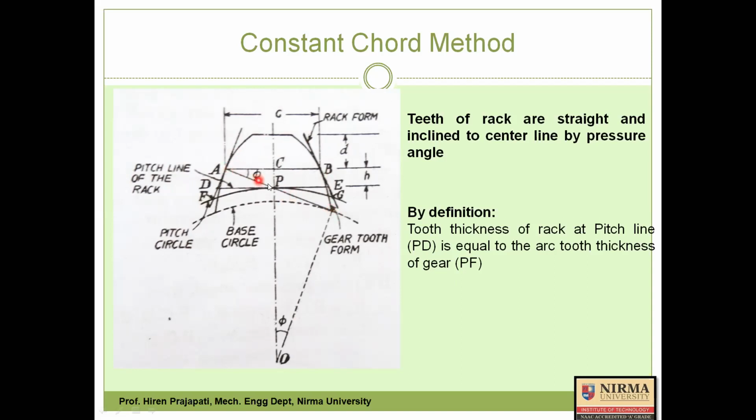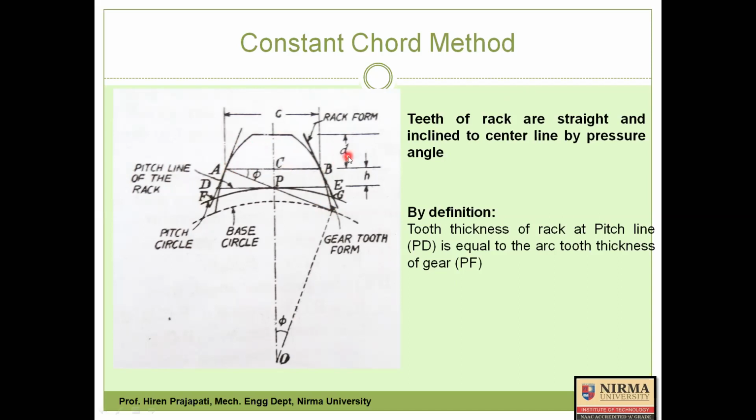This line makes angle phi with the constant chord line AB. That is obvious as per this principle, because if this angle is phi, then this angle will also be phi. So AB is the constant chord length, and the constant chord is present at a certain depth d from the top line.